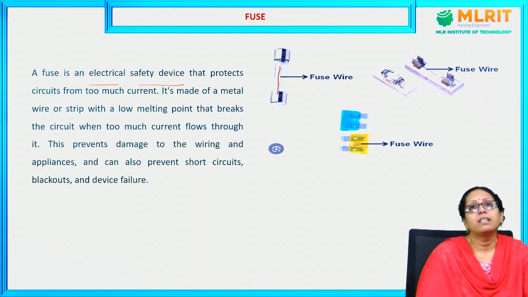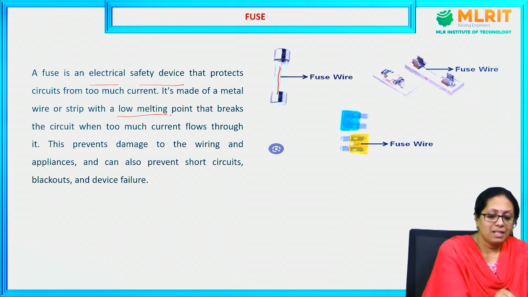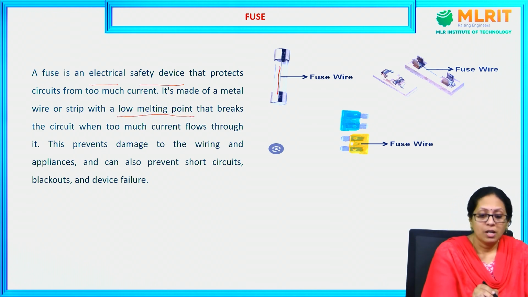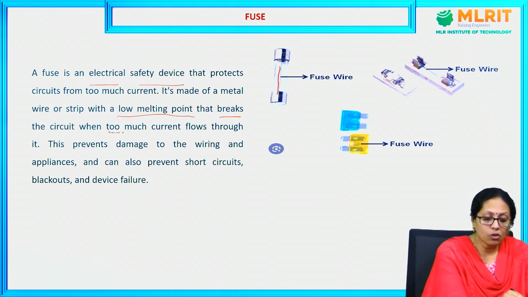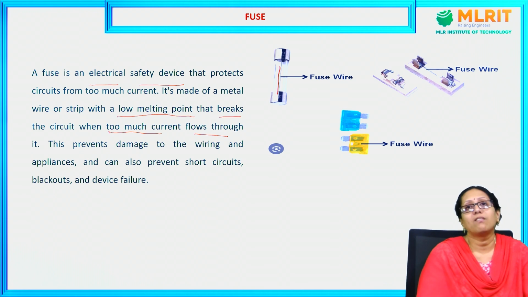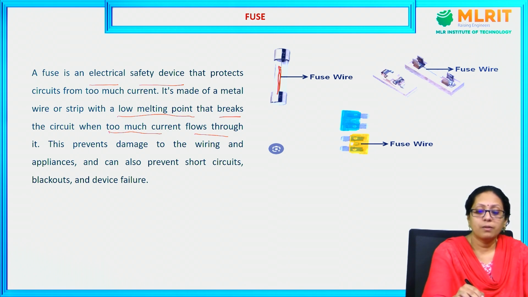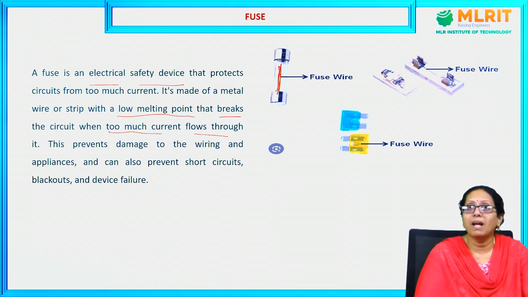This is a low melting point wire, which breaks the circuit when too much current flows through the device. When the current through the device increases rapidly, this wire melts and breaks the circuit.